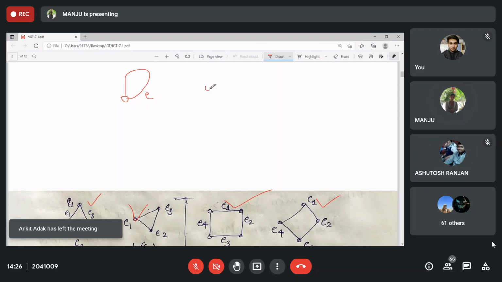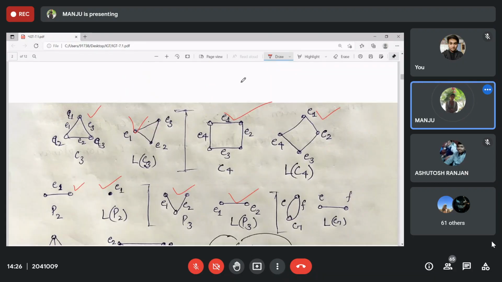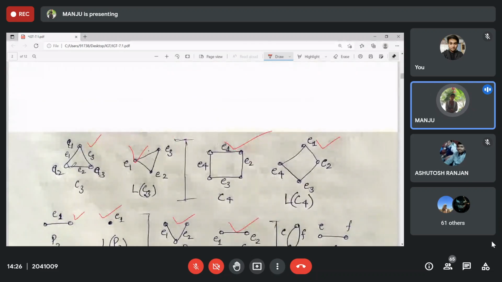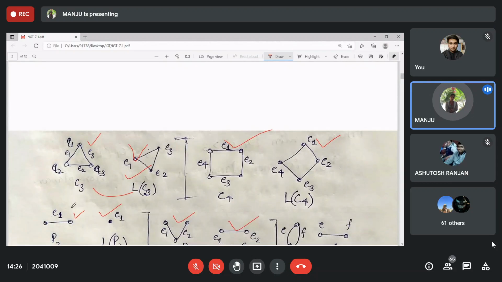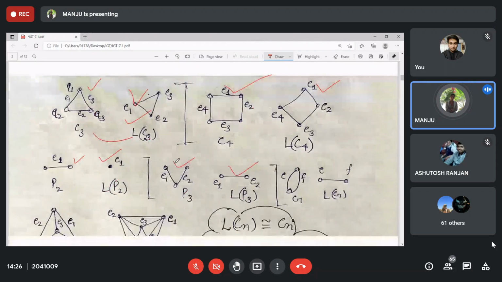P1, right? This becomes E. Okay? Now for K3 we have done. K3 or C3 are the same. So for K3 it will be K3. For K2 it is K1. For K3 it is the same as K3.